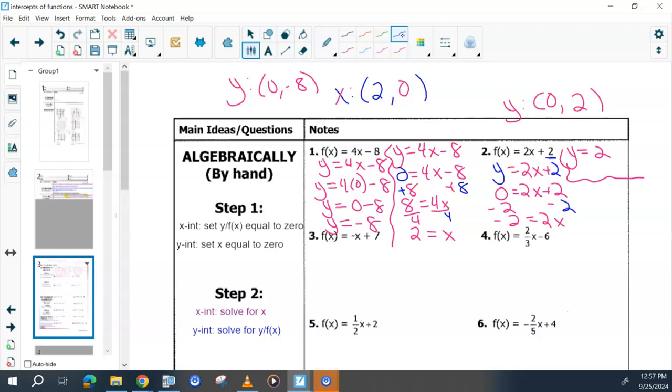And then dividing, so that x equals -1. And we would write that as an ordered pair. What would that look like? -1. (-1, 0). Good. Questions about that?